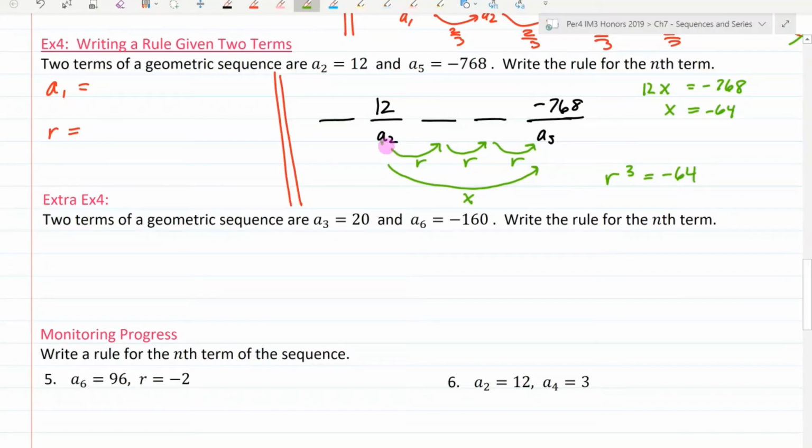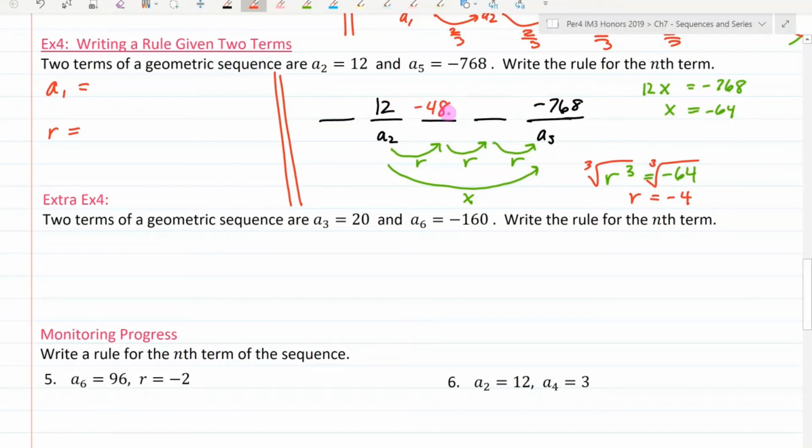Because from here to here, you're multiplying by negative 64. And so you're trying to figure out what times what times what is equal to the same thing as multiplying by negative 64. So if you take the cube root here, then you get R is equal to negative 4. And if you try that out, 12 times negative 4 is negative 48.